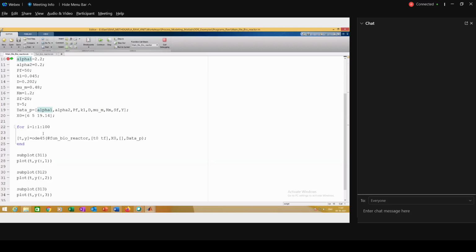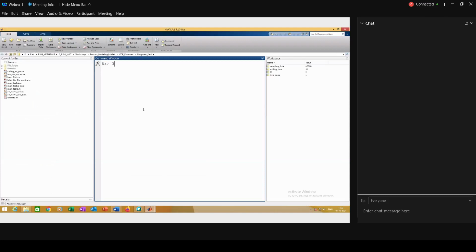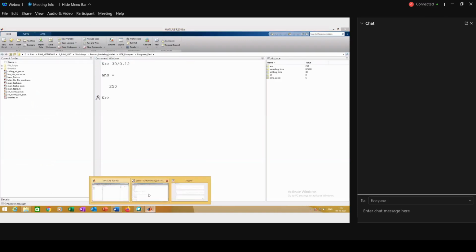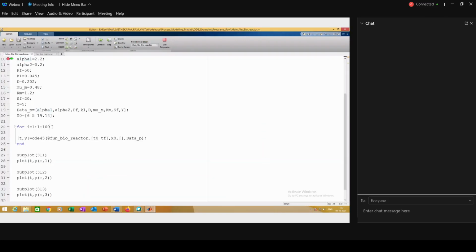It's 30 divided by 0.12. If I do that, I get 250. So I need 250 iterations for the initial response. Did you people understand what I did exactly? Or are there any questions?